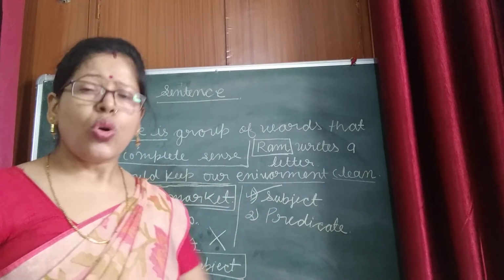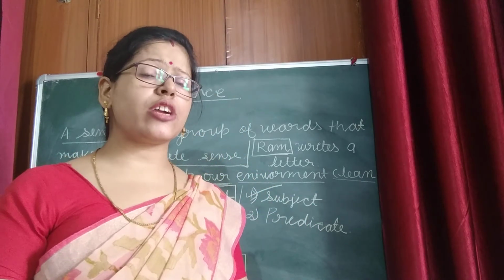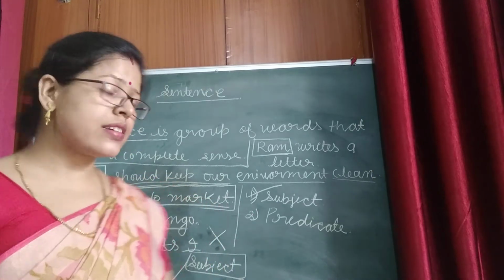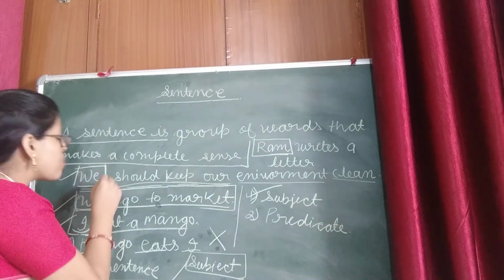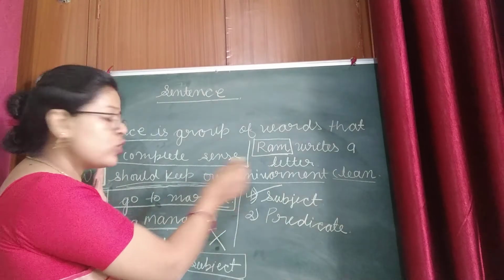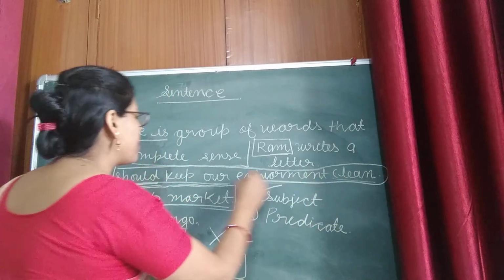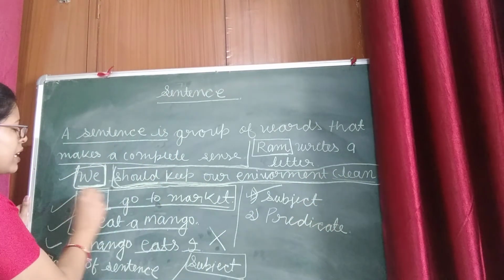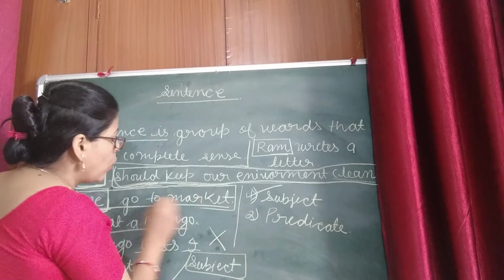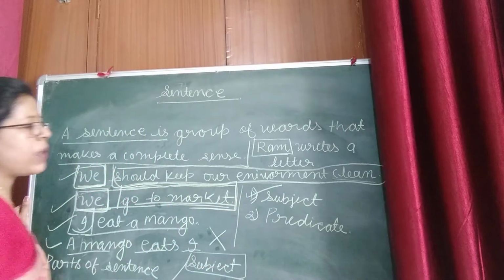The words which say something about the subject, or the remaining part of the sentence except the subject, is known as the predicate. Similarly here, when we remove this subject part, what is the remaining part? Go to market. So this is the predicate part.